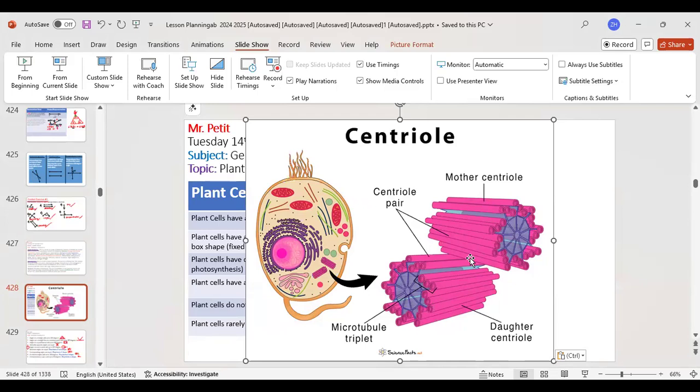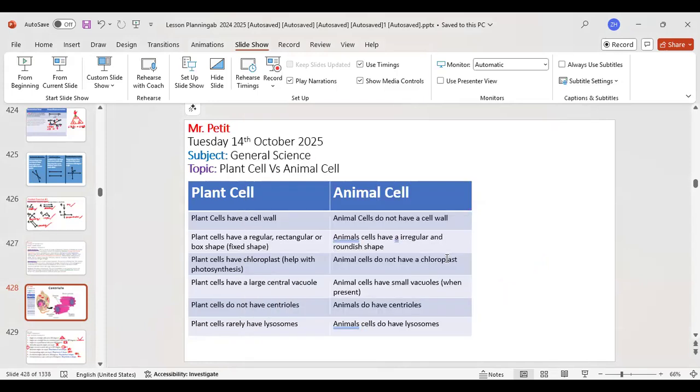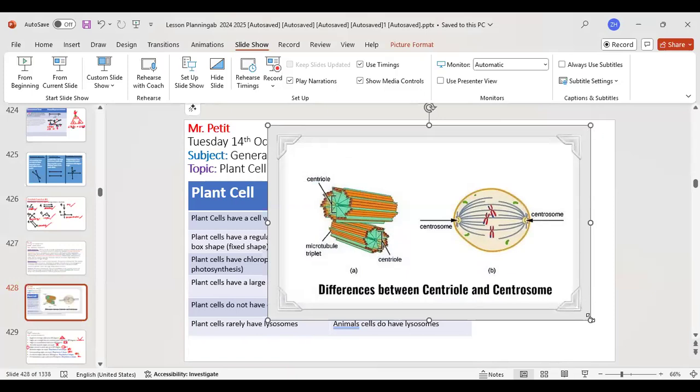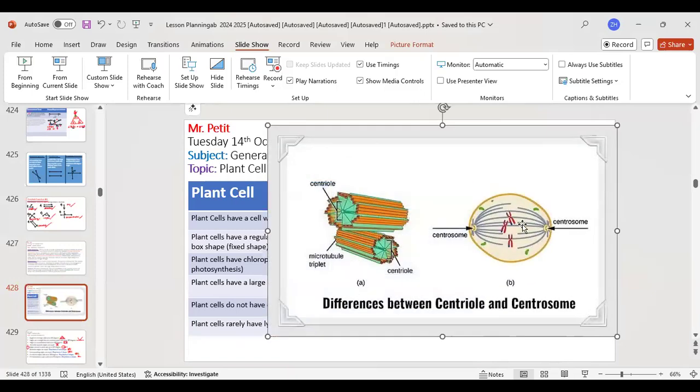And animal cells would have these because these are going to help in cell division. And when we say cell division, we know that animal cells divide using mitosis, meiosis, or both of those processes. So basically, the centriole helps in what we call the mitotic spindle. Y'all ain't going to need this until you're reaching grade 10, but the centriole helps with the mitotic spindle and it helps with cell division.